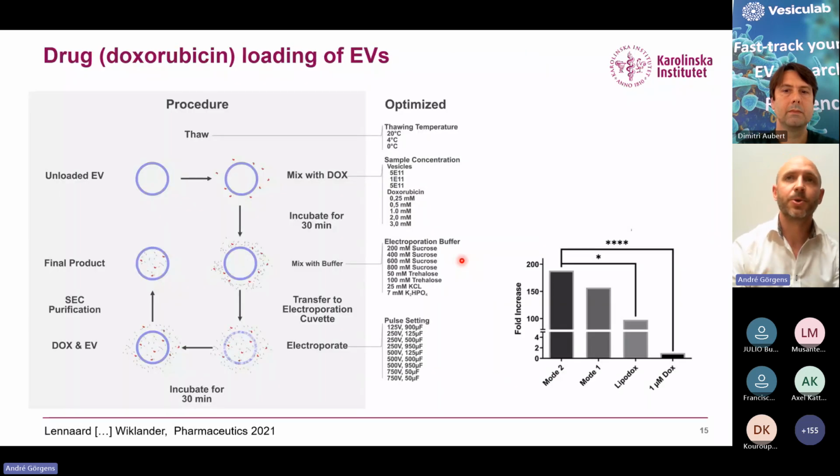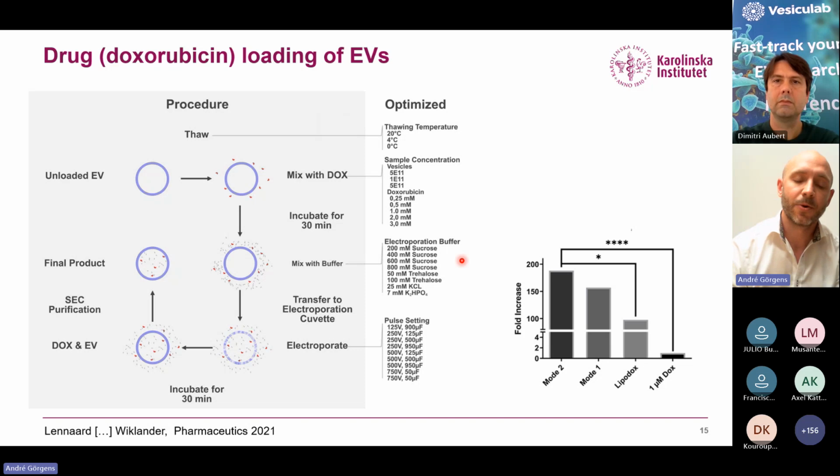So then we wanted to choose a cargo to deliver with this system. A few years ago, we published an optimization of loading doxorubicin into EVs. So that made us think that doxorubicin could be the chemotherapy, the cancer drug of choice. It has some good properties. One is that it's autofluorescent, so it's very easy for us to see how much we load.